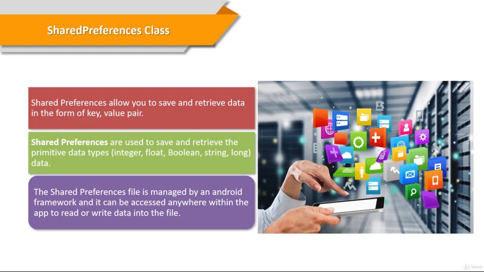Let me give you another example of the Shared Preferences class. You can use this class in login operations. Most of the applications have a login page, yeah? On this page, the user has to enter a username and password. If the user does not want to enter this information every time, the user can check a Remember Me checkbox, right? And then after checking the checkbox, the application will save user data.